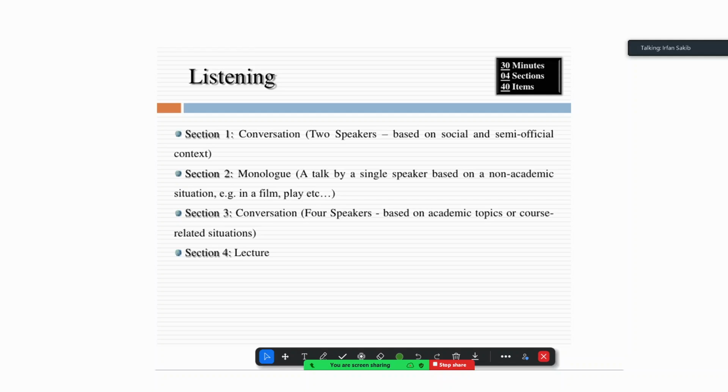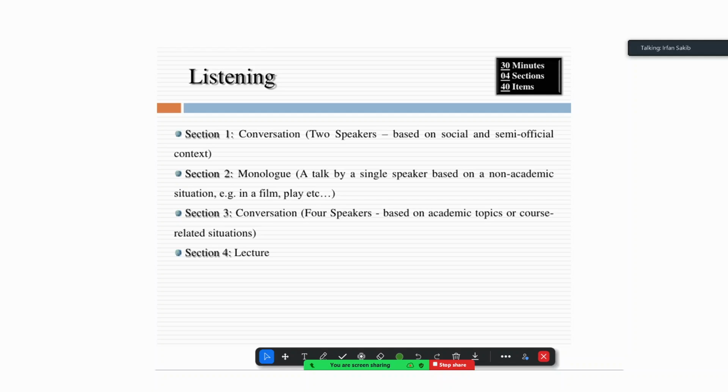In section 2 you will hear a monologue, which means only one person will be speaking. It's about a non academic situation, like a film, play, etc. In section 3, there will be a conversation between a number of speakers, up to four.